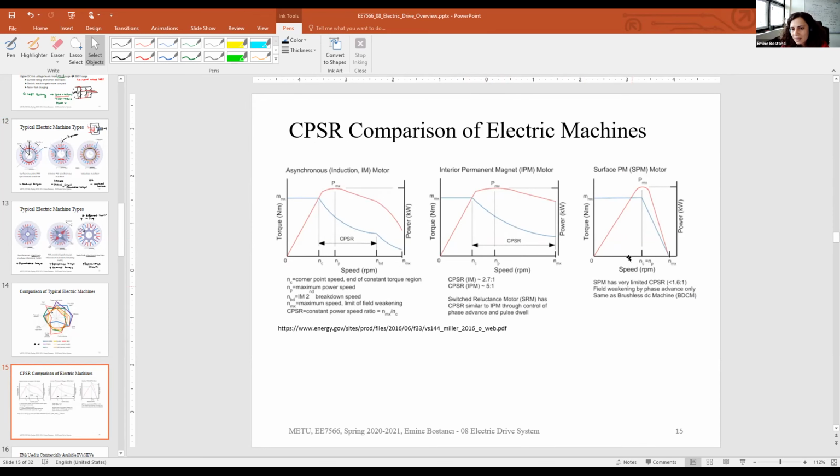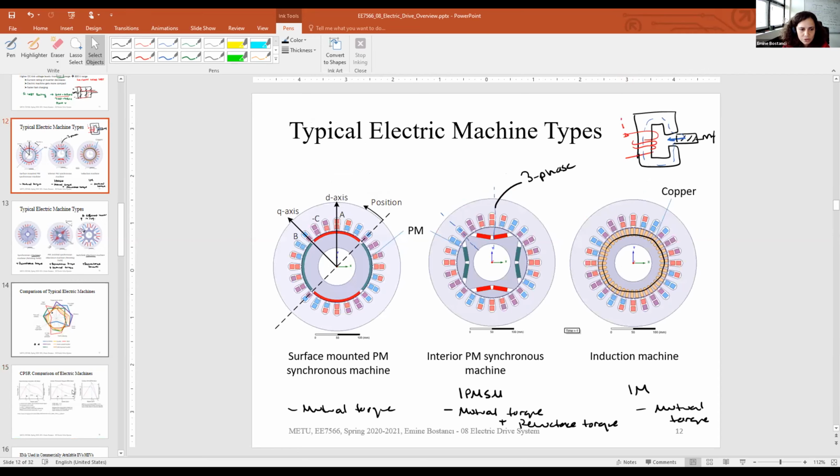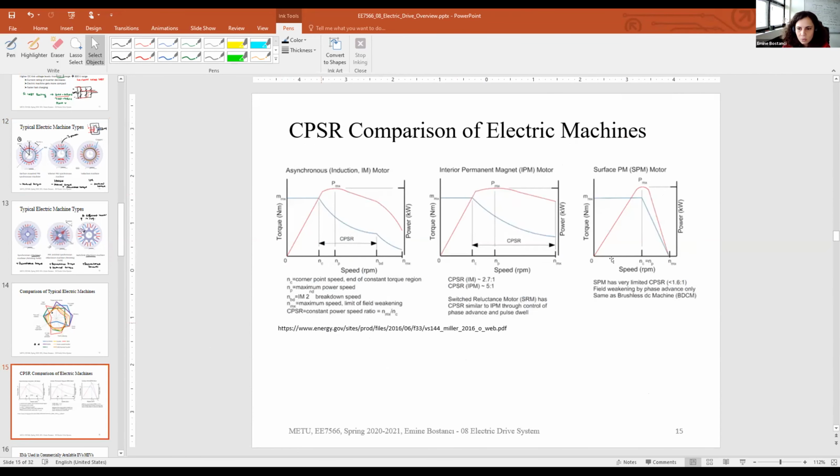On the other hand, the surface mount motor, let's call it the first one, is going to have these characteristics. And this says that it can give you high torque, but it cannot keep this torque for a long time.